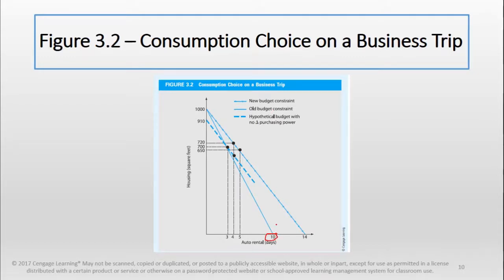So let me just explain the concept of this graph. This graph shows that a certain consumer has a budget that should be allocated to housing rental or car rental. So the consumer is going on a business trip, so he needs to spend for the accommodation or sa sakyanan nga iyahang gamiton.